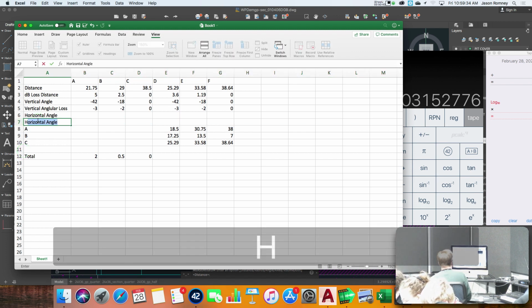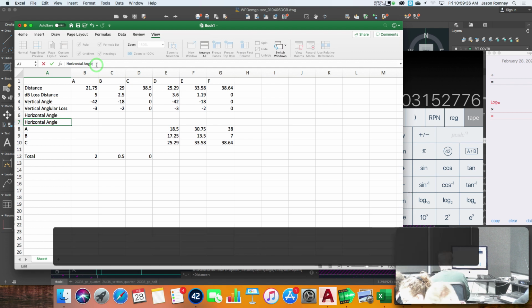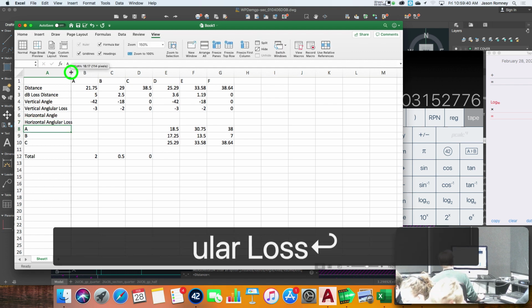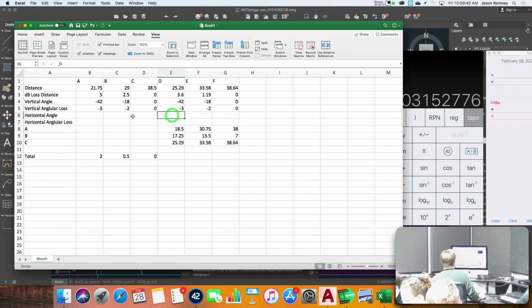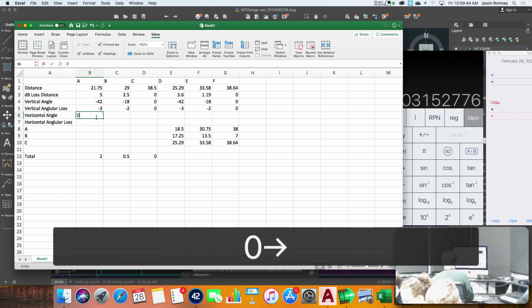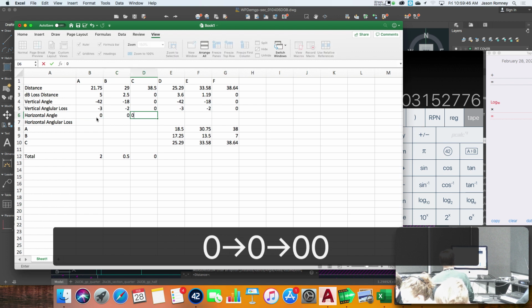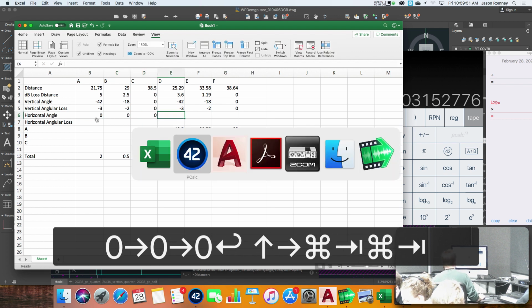So first, what are the horizontal angles? They are 0 for A, B, and C, right? Because they are on the center line. But D, on the other hand, is going to be something different. So what is that angle? Let's find out.